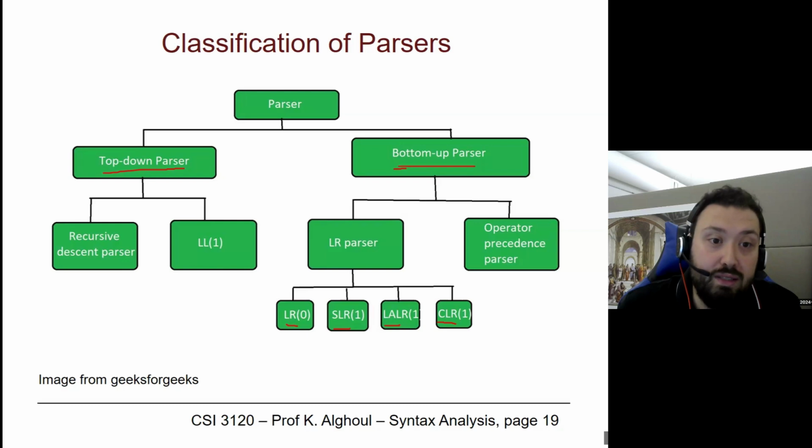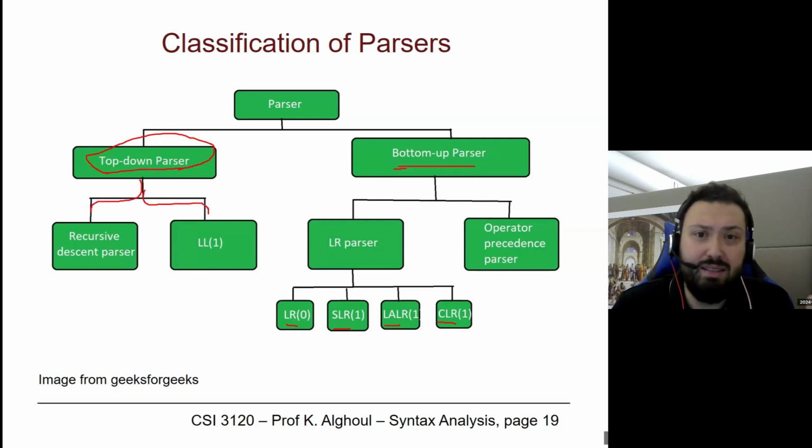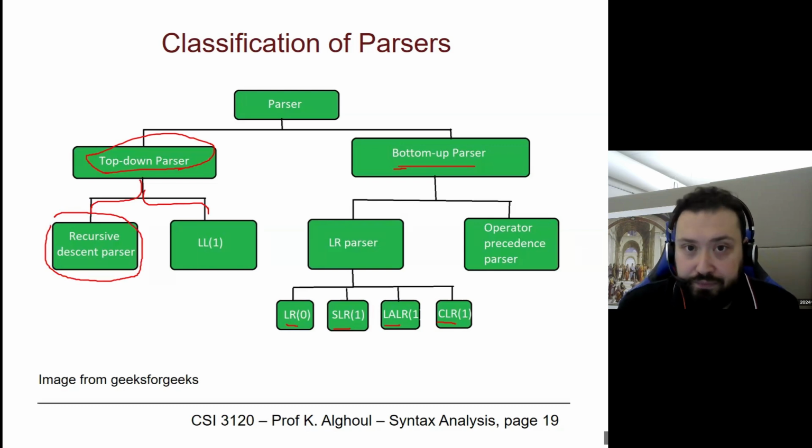But first, we're going to start with the top-down parser. So for the top-down parser, these are the two most popular ones. Of course, there's the backtracking, there's too many things. But again, as I said, this is not a compiler course. So we're just going to cover a bit of the basics and fundamentals of things. So the first one that we're going to talk about is the recursive descent parser, which we already mentioned.